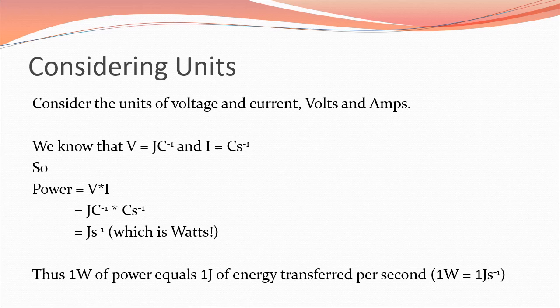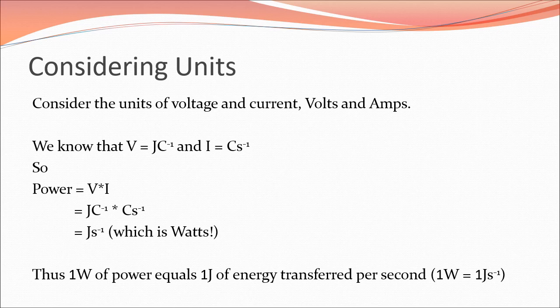Let's consider what a watt is. If we're considering watts of electrical power in an electric circuit, we have the formula power equals voltage times current. We know that voltage is how many joules of energy each coulomb of electrons has, so volts equals joules per coulomb. We know that current equals how many coulombs are passing a point each second, so I equals coulombs per second.